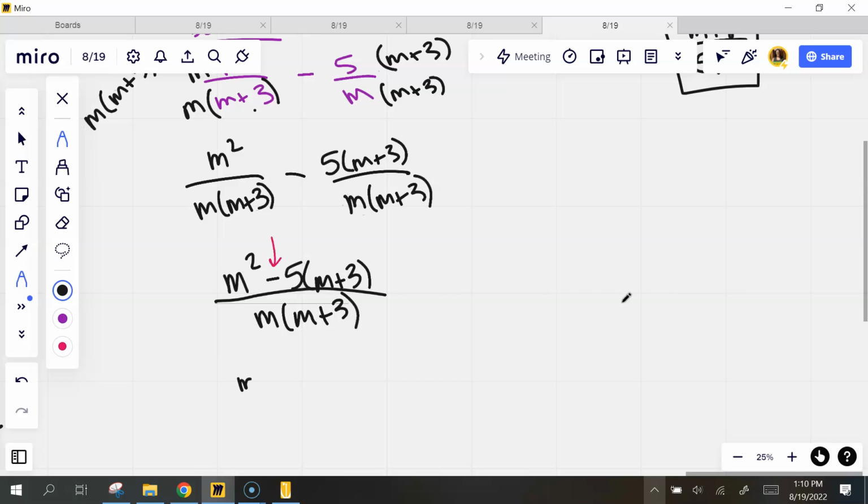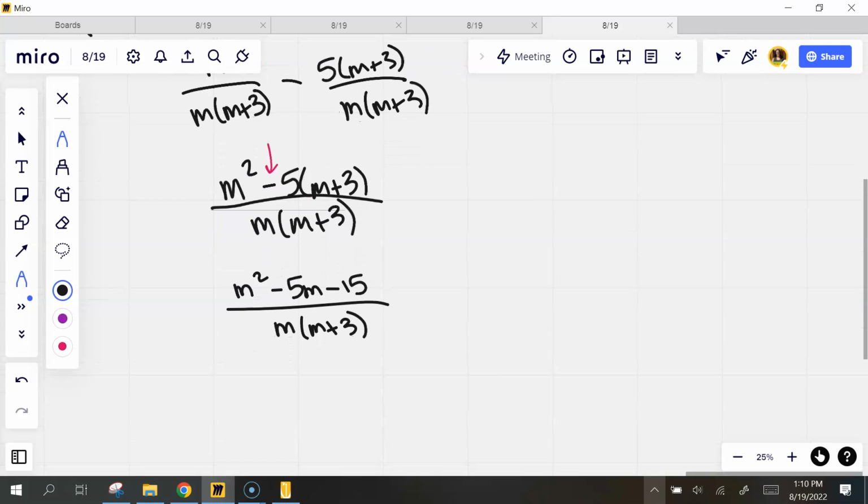So I have m squared minus 5m minus 15 over... Does that factor? No. Can't cancel anything out, nothing factors, so I'm done with the bottom.